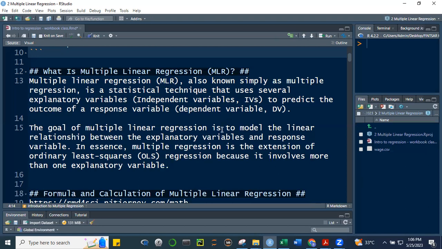Okay? So again, the goal is to be able to explain your variable of interest, explain it, and also to predict. Okay? We want to determine how much or what will be the value of your dependent variable given your independent variable.